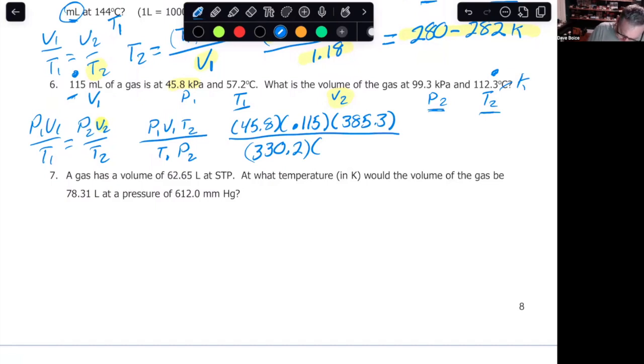And I can just use 99.3. So plug and chug in my calculator. I'm just going to put that all in at one time. It's going to be parentheses 45.8 times 0.115 times 385.3, close parentheses divided by parentheses 330.2 times 99.3.